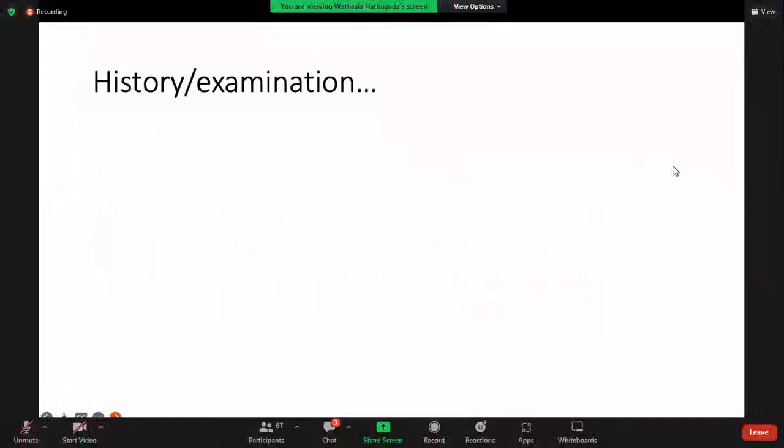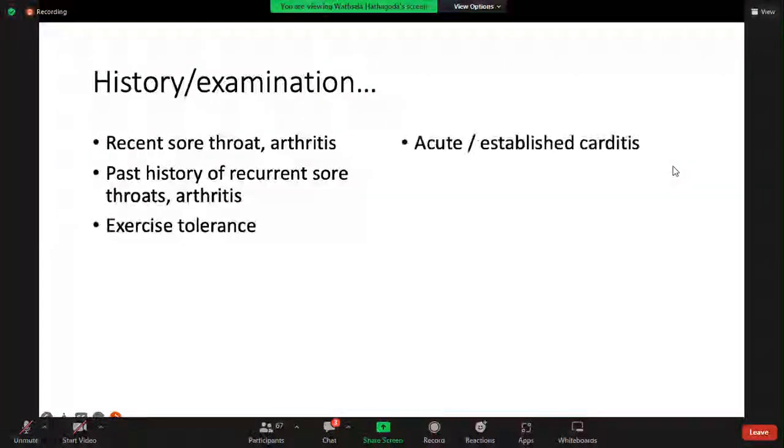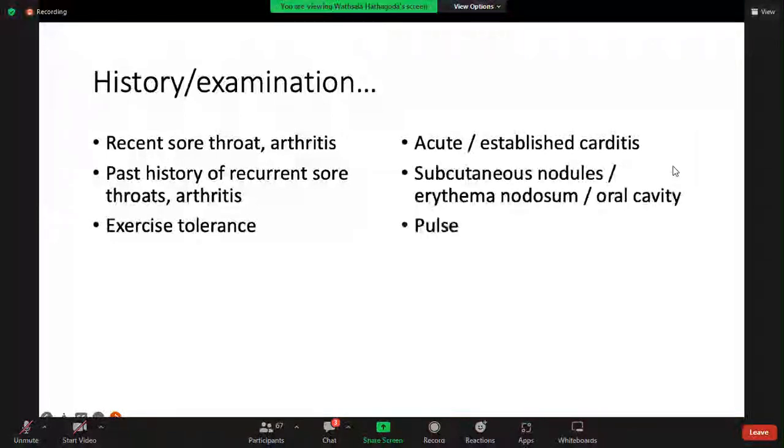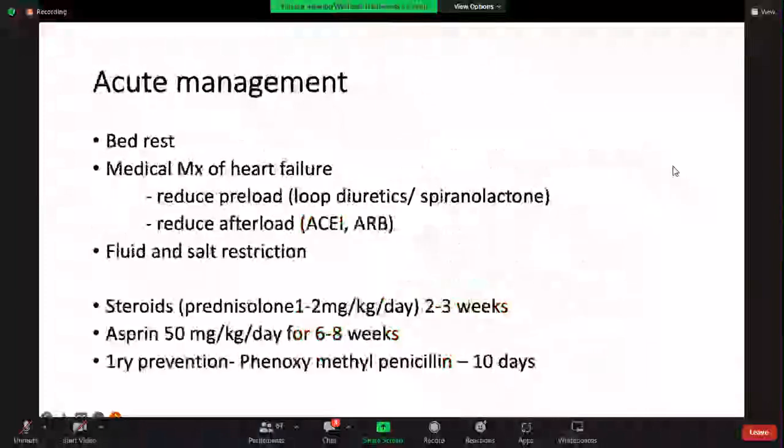So you can ask history, sore throat, whether it's recurrent arthritis, and subcutaneous nodules, murmurs, changing murmurs. So all the criteria, signs and symptoms you need to ask. Right. So how would you manage now?